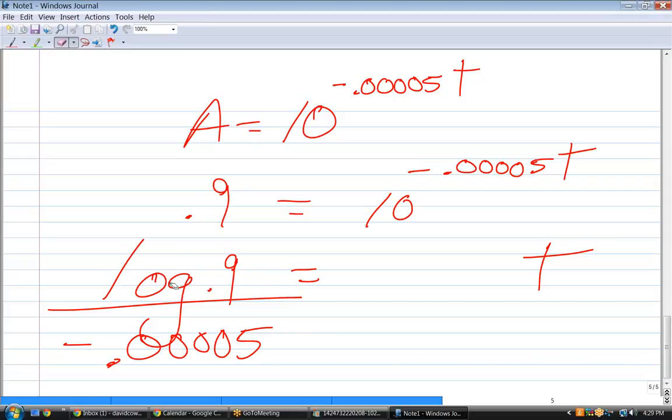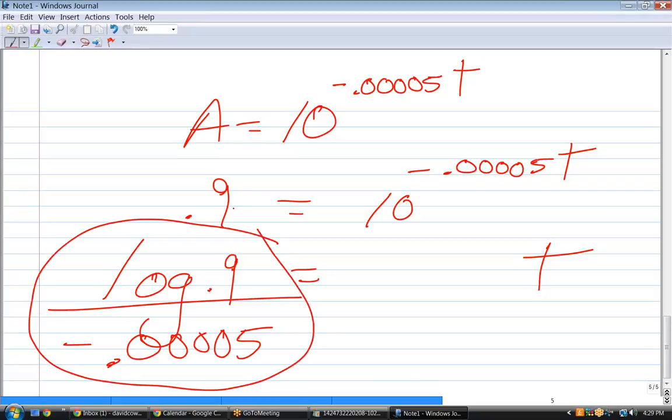So this log of 0.9 is going to be a negative number, which is going to make t a positive number, which it better be. If you come up with a negative t, you've made a mistake. Okay. So whatever that number is would be how many years it would take. Hopefully that number is greater than 150, otherwise we've made a mistake also. But I don't think it is going to be greater than 150.